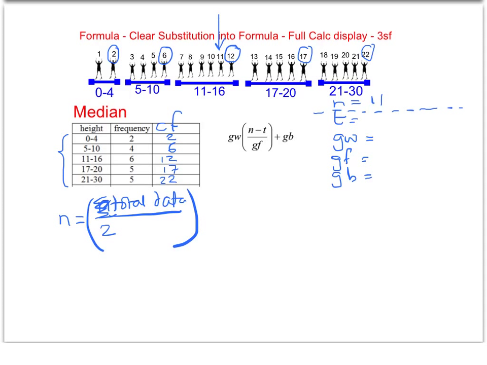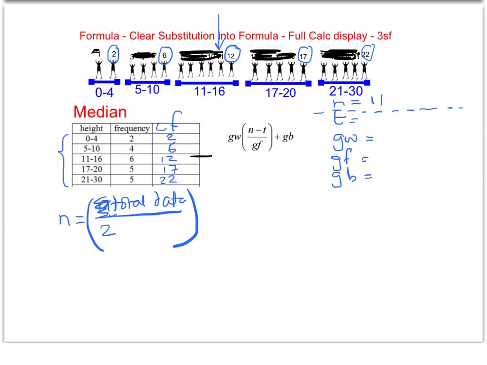Now these numbers are these numbers, 2, 6, 12, 17, 22. So when you look at the cumulative frequency column, you're seeing the last person in that group. So it's almost like all these numbers are hidden, and you're seeing 2, 6, 12, 17, 22. That's the last person in that group. So when you see 17, for example, because there's a 12 before it, you know that that means people 13, 14, 15, 16, 17.